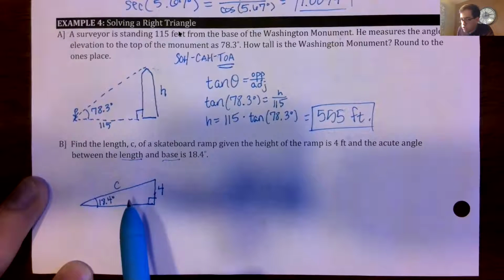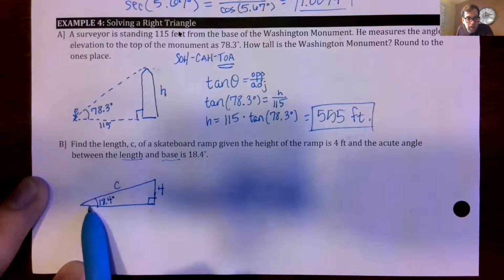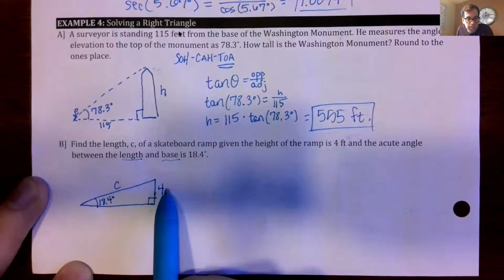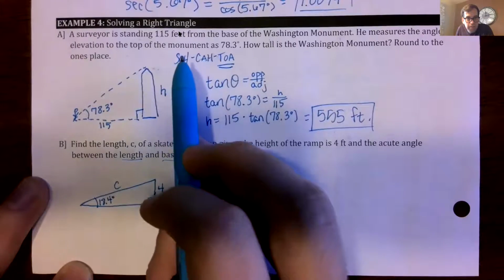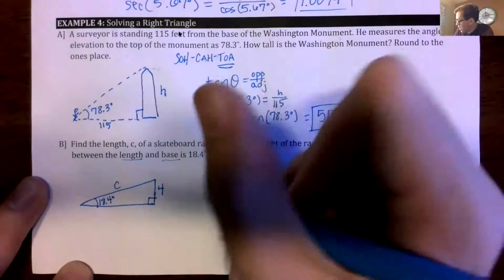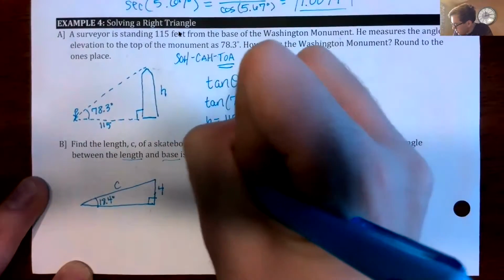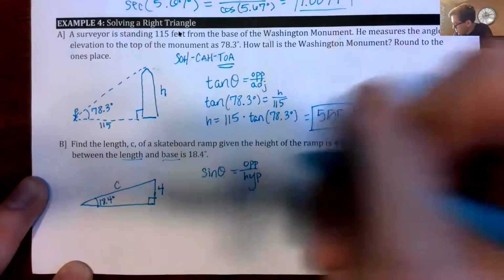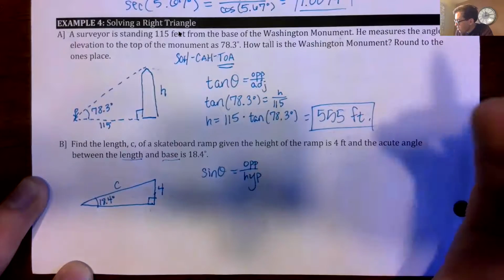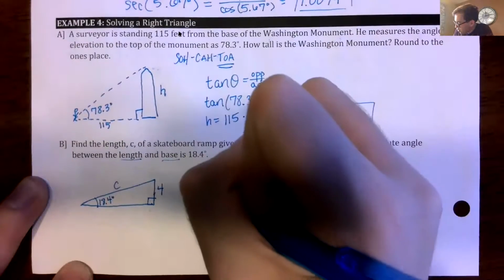So think about SOHCAHTOA. If this is our angle that we're referencing here, we have the opposite side and we're looking for the hypotenuse. Opposite and hypotenuse are sine. So we're going to be using sine equals opposite over hypotenuse. Theta is 18.4 degrees.